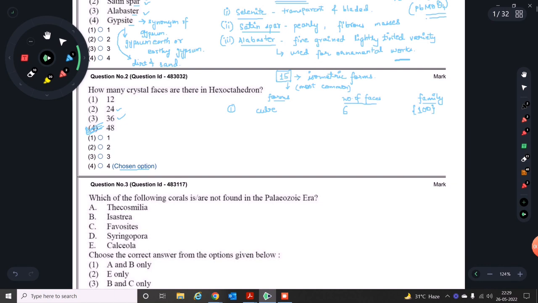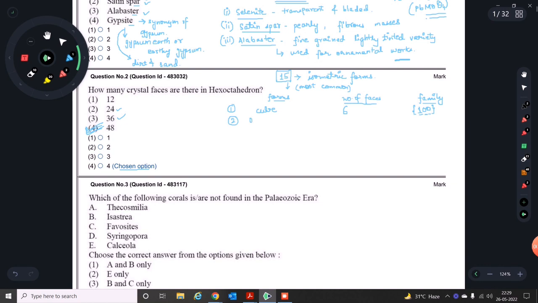The general notation is HKL. H is the coordinate intercept on the x-axis if you imagine an XYZ coordinate plane. Then we have K on the y-axis and L on the z-axis.